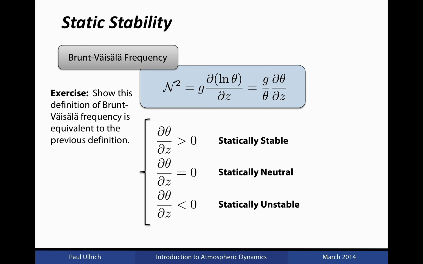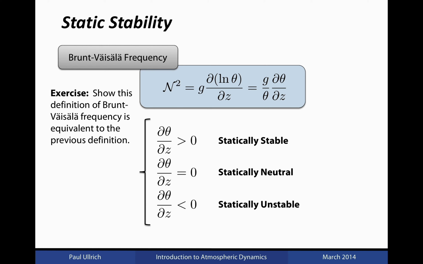In the environmental state, if the potential temperature increases with altitude, this condition is known as statically stable. If the potential temperature is constant with altitude, this is statically neutral. And if the potential temperature decreases with altitude, then this state is known as statically unstable. This makes sense because a rising fluid parcel that undergoes dry adiabatic motion conserves its potential temperature.